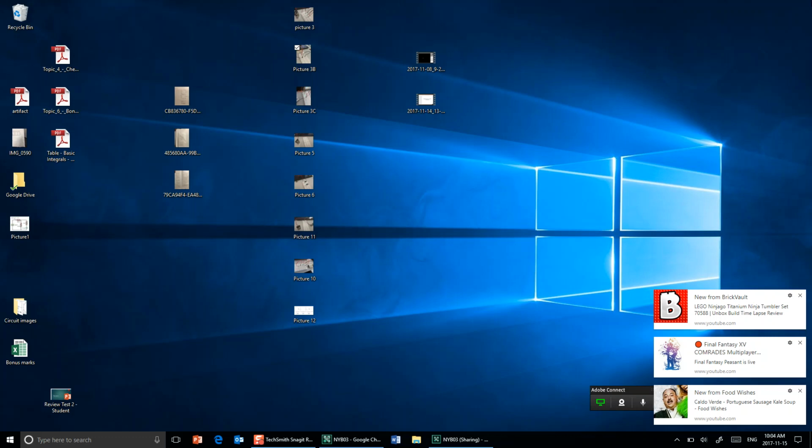Therefore, 0.35. That's the current through this. But what can you say to me about 2 and 4? They are in series, so it's going to be the same current for this one.